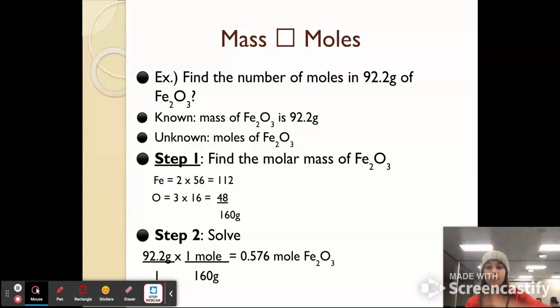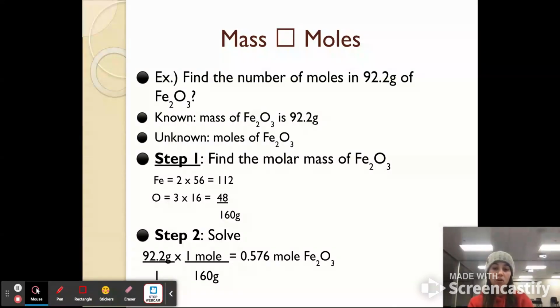So again, step 1, find the molar mass of Fe2O3. I have 2 irons, both with 56 grams, so that's going to be 112. And I have 3 oxygens, all of them are 16 grams, so we have 48 total grams of oxygen. When I add these together, I'm going to get 160 grams.